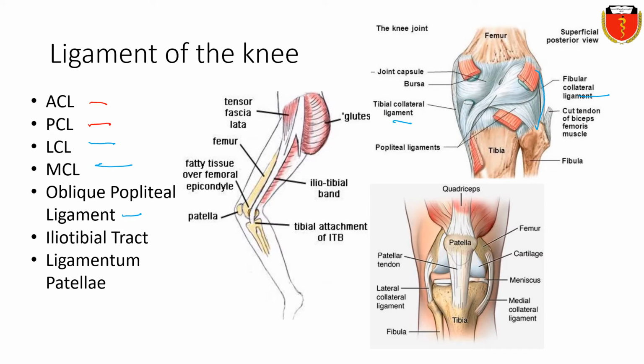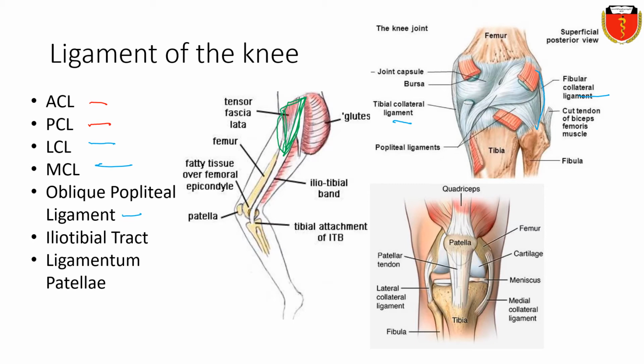Then you have the iliotibial tract. The iliotibial tract is like the tendon of the tensor fasciae latae muscle. This tensor fasciae latae is a very short muscle at the lateral side that helps to do some abduction.